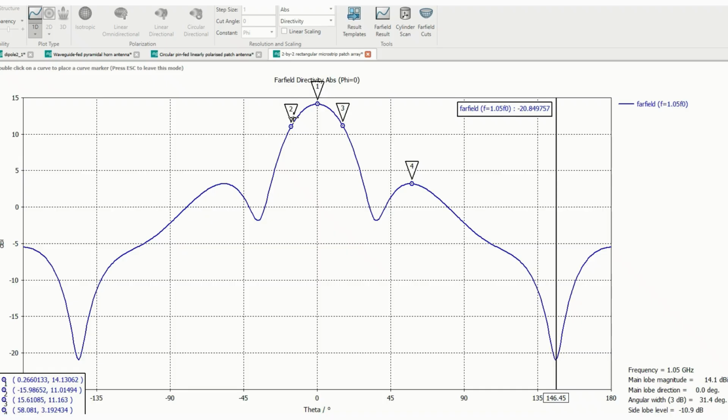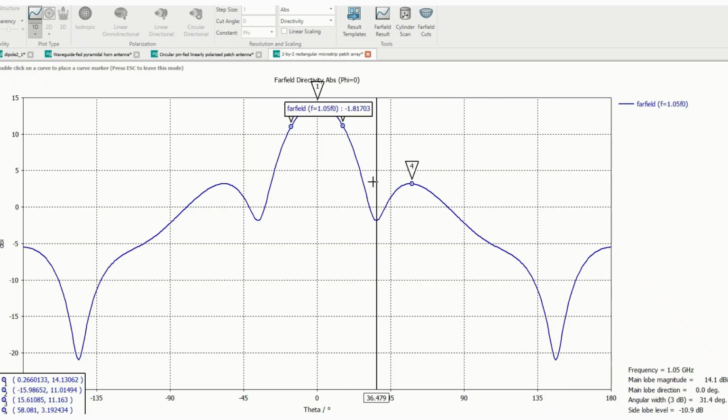So this is the half power beam width, and that value is also displayed here. The 3 dB beam width is around 31.4, that is from -15 to +15. This is the half power beam width, and the full null beam width is where this major lobe is reduced to its minimum value. So this is the first null occurring here, and the separation between these first two nulls is known as the full null beamwidth.